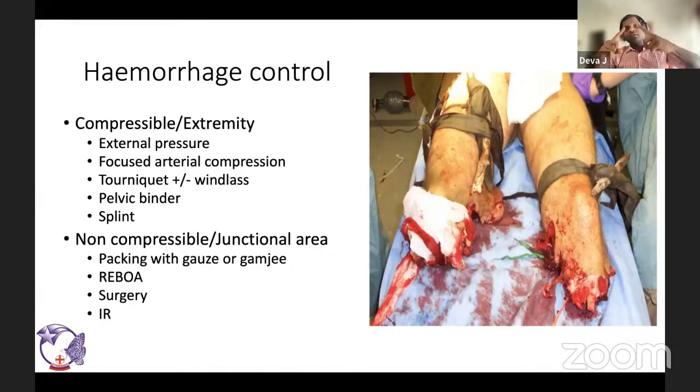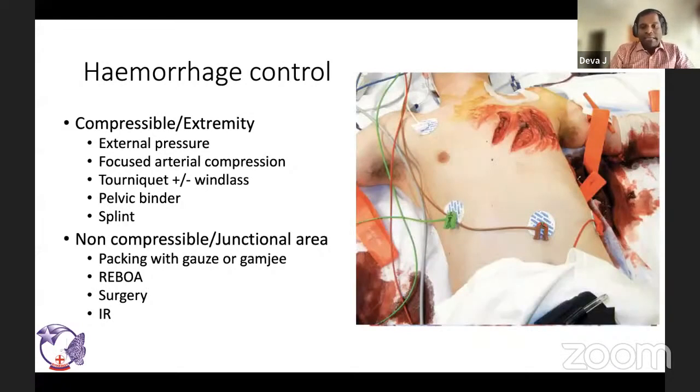So it's cloth, wood piece, keep rotating the wood piece until you achieve control of hemorrhage, and then tie the cloth again. So that way you can achieve good hemorrhage control in completely amputated limbs or near amputation or exsanguinating hemorrhage from the limbs.